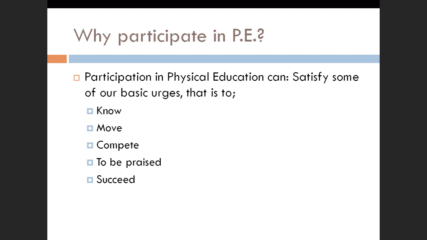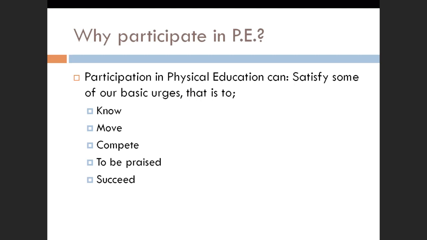And also the urge to succeed. The urge to succeed is a very important urge in life because that is what motivates us and that is what keeps us from going into depression. Sports helps us with the urge to succeed. So you see, like I mentioned, persons may not win a race. They may not become world number 1.